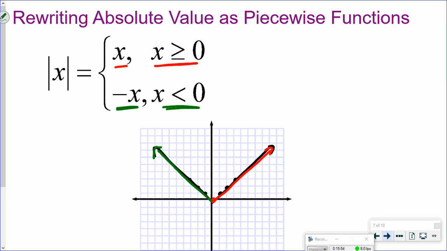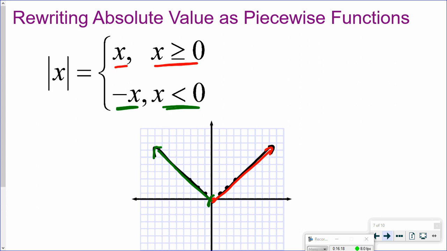Now, it has to be a function, so one of them has to have an equal to, but the other one cannot. They cannot both have equal to's, otherwise it would not be a function. It doesn't really matter which one has the equal to. We tend to just put it with the positive case.